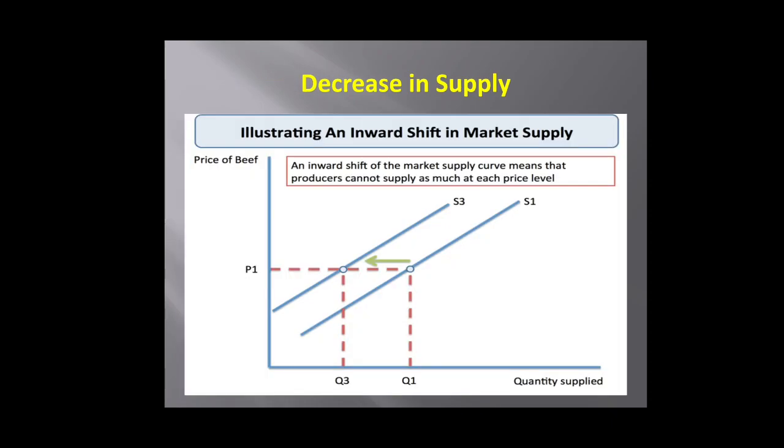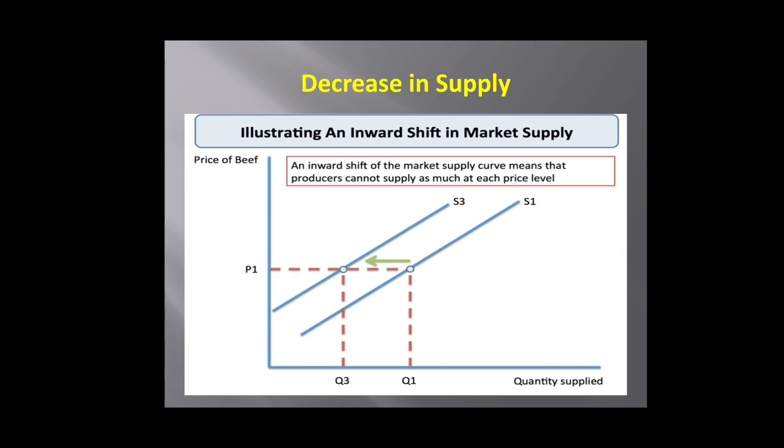Now coming to decrease in supply, which is illustrated with the help of the figure given in this slide. The figure shows that initially Q1 units of beef are supplied at price P1, but due to some changes in non-price factors, generally related to an increase in the cost of production, the supplier is now willing to supply only Q3 units of beef even at the same price.